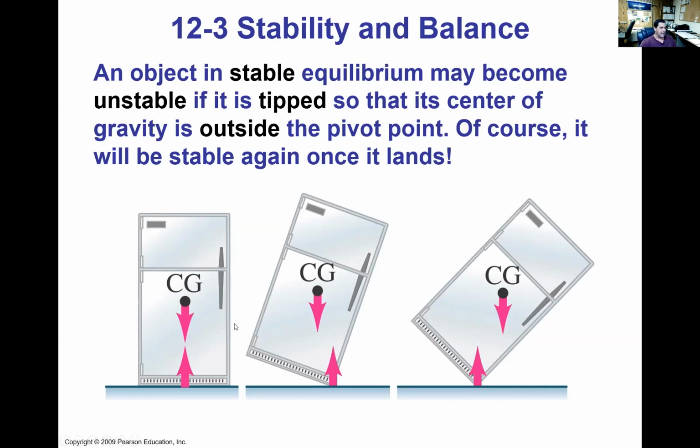But as you can see, if I move this refrigerator, rotating it about this lower right corner, as long as that center of gravity is kept to the left side of that pivot point, it'll have a tendency to want to upright itself. As soon as that center of gravity moves just beyond that pivot point, now it wants to rotate the other direction.